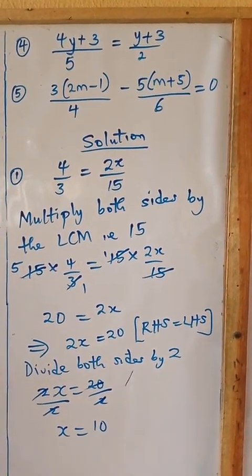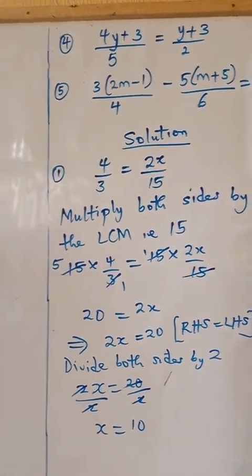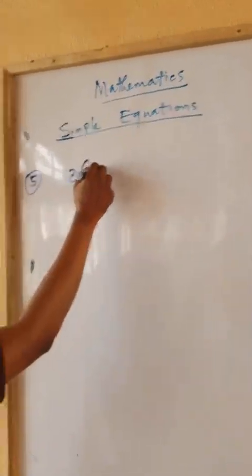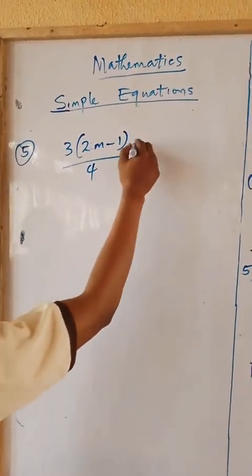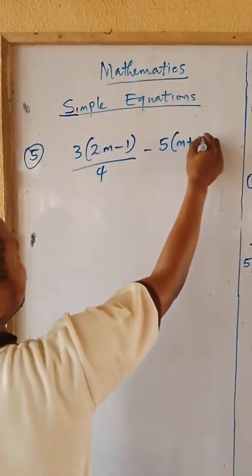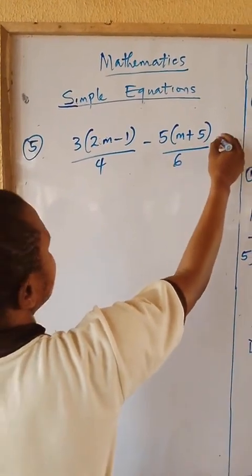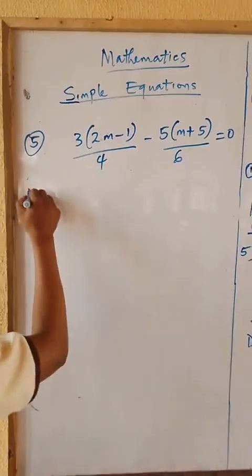The first step that we need to take, we have 3 into bracket 2m minus 1 over 4 minus 5 into bracket m plus 5 over 6 is equals to 0.